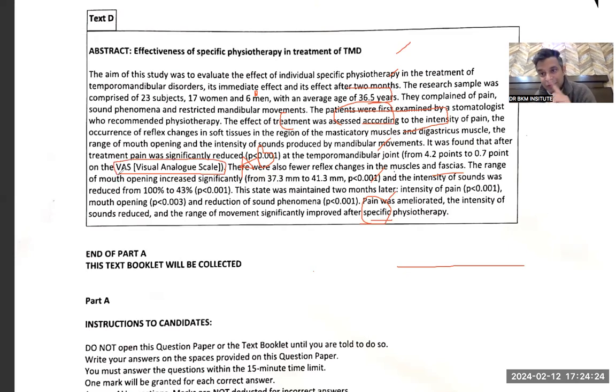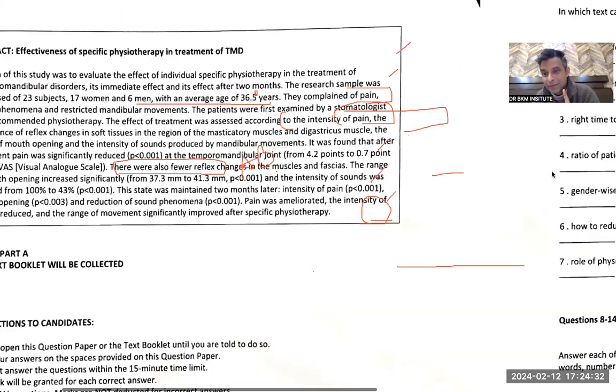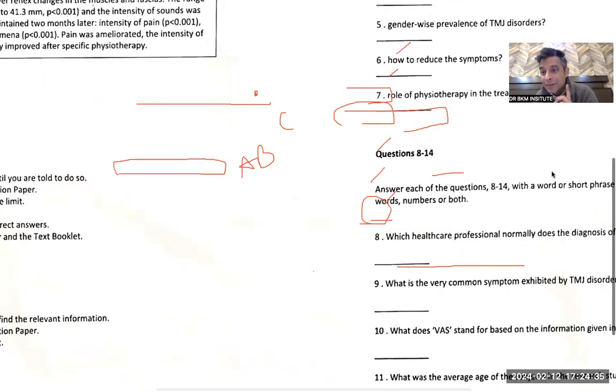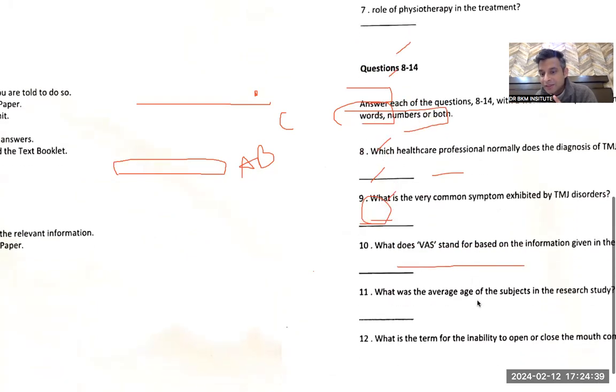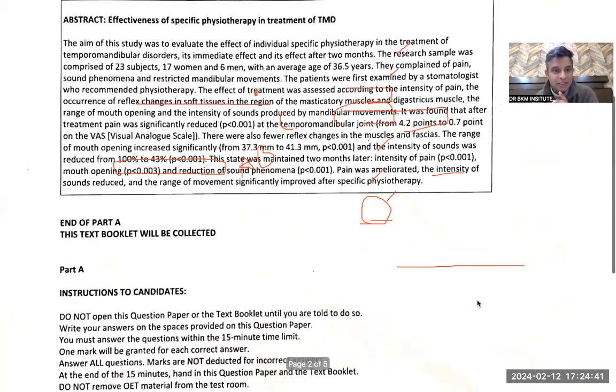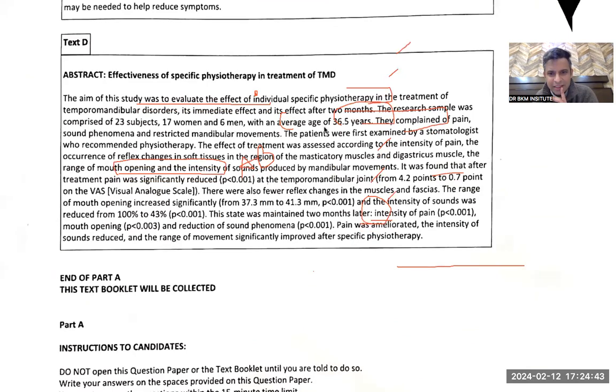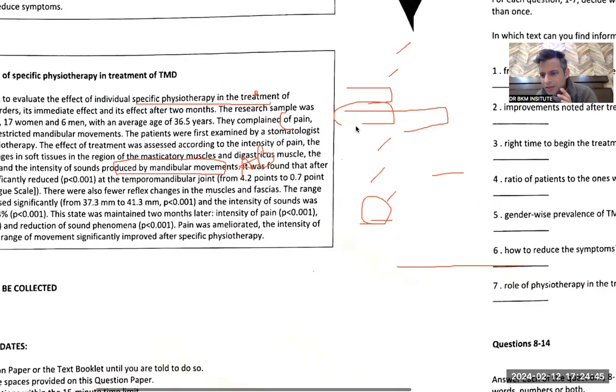Now, by chance, I have found question number 10 and question number 11 as well. So here is the full form. That is saving of time. I did not try for it. It happened by itself. Then the average age of the subjects. I just have to check out the average age, 36.5 years. Done. So easy.